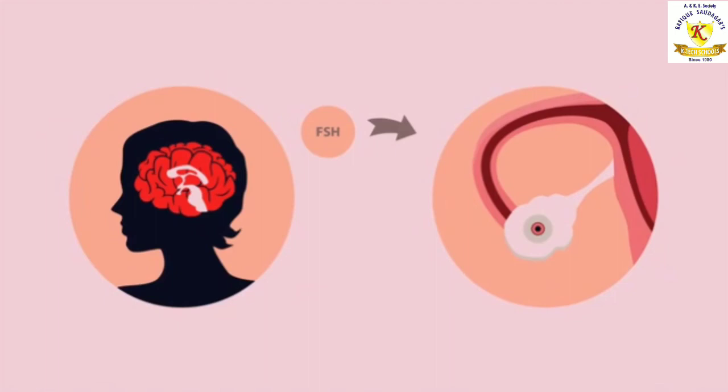FSH causes the egg to mature in the ovary and also stimulates the ovary to release estrogen. The estrogen then stops FSH production so that only one egg matures in the cycle. LH causes the mature egg to be released from the ovary and stimulates the release of progesterone.